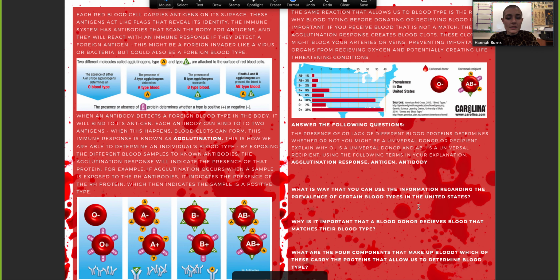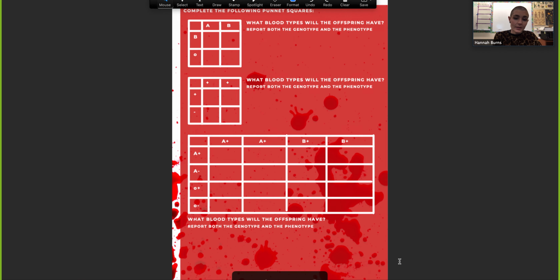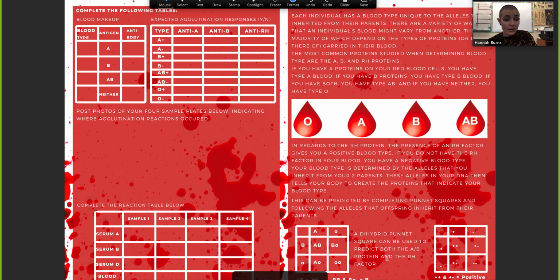And then these last questions here, these three, are more so based off of what you think. This one down here is information that you can get from the slides. And then finally, doing these Punnett squares here, the main thing you need to remember, which I have right here for you guys, is which ones are dominant and which ones are recessive.